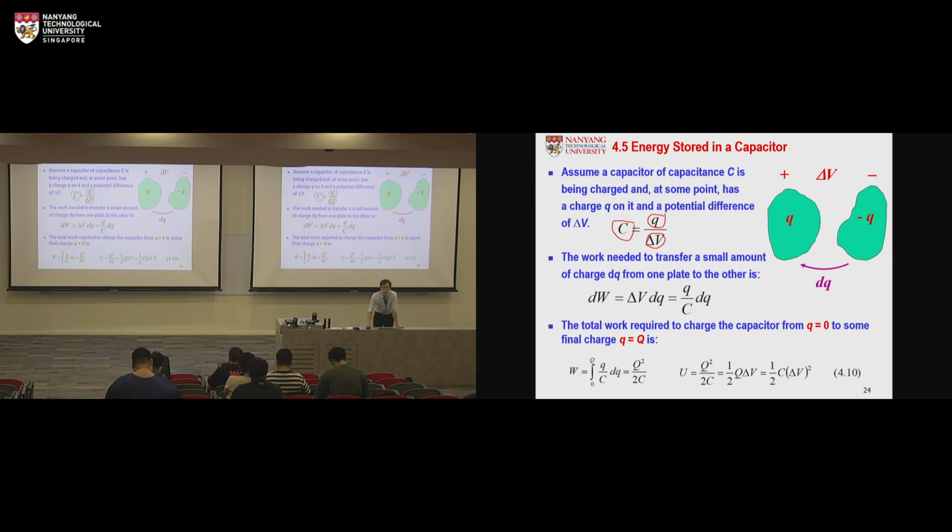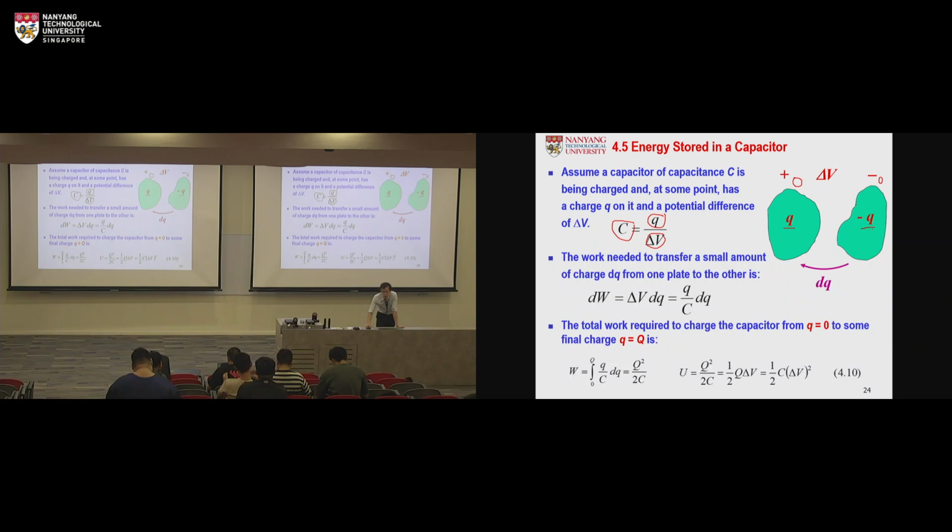And the so-called charging process, as we just mentioned, initially both are 0, the charge is 0, and the final state, let's say the charge is Q, then the other must be minus Q.